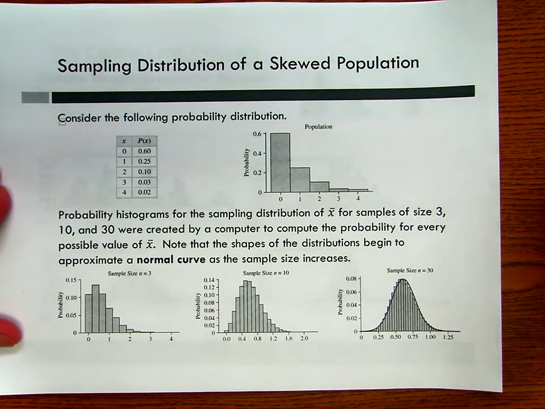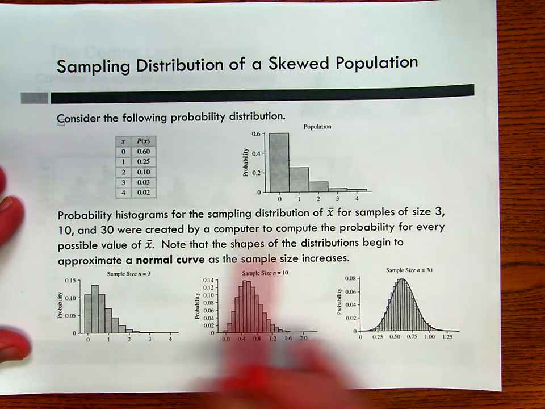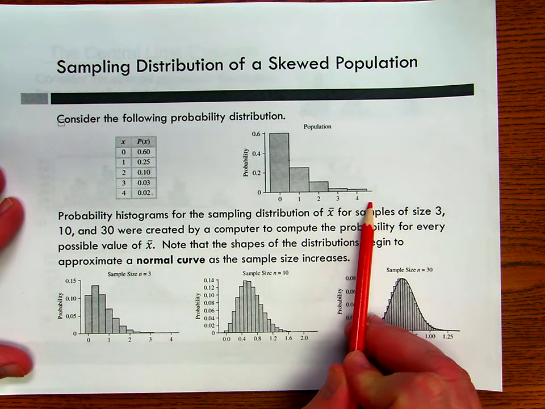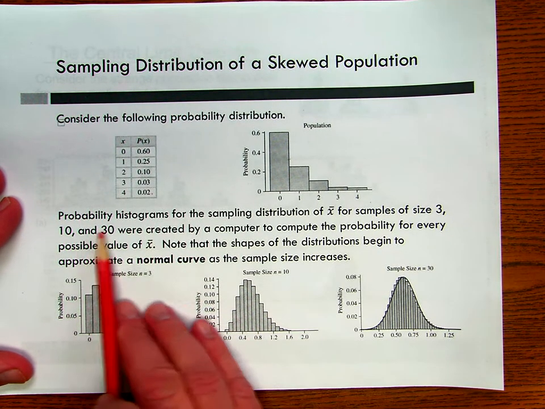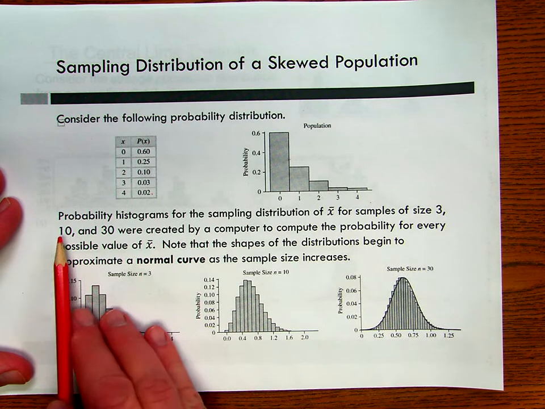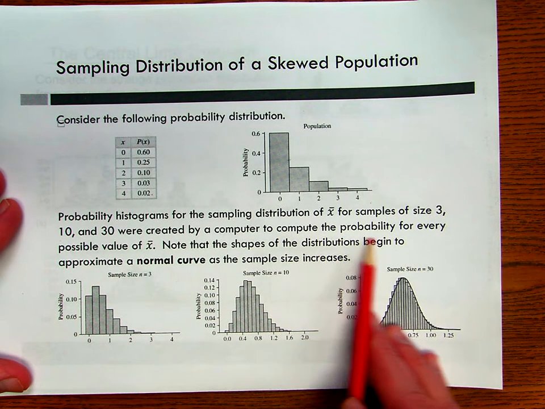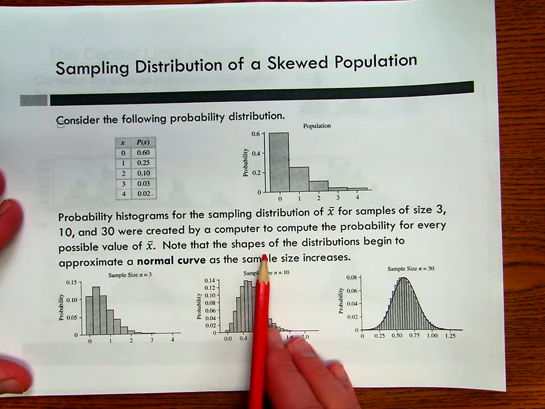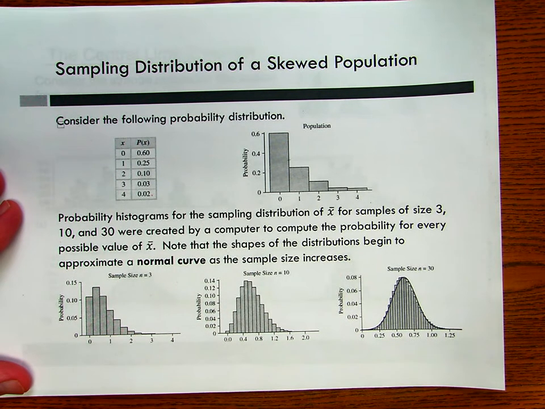Let's take a look at an example here. We have a probability distribution given to us in chart form, given to us in a histogram. Probability histograms for the sampling distribution of X bar for samples of size 3, 10, and 30 are created by a computer to compute the probability of every possible value of X bar. Note that the shapes of the distributions begin to approximate a normal curve as the sample size increases.